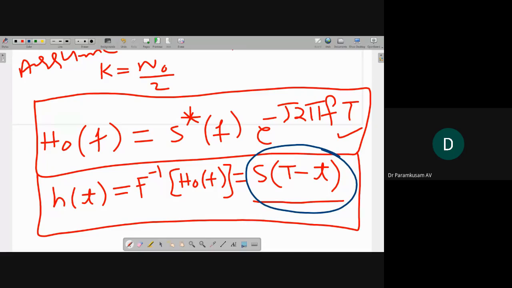So this is about the filter transfer function.